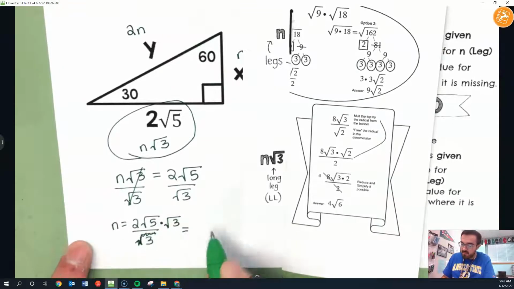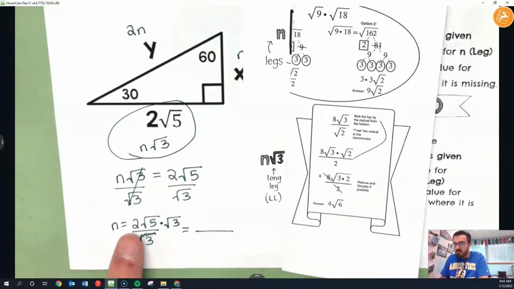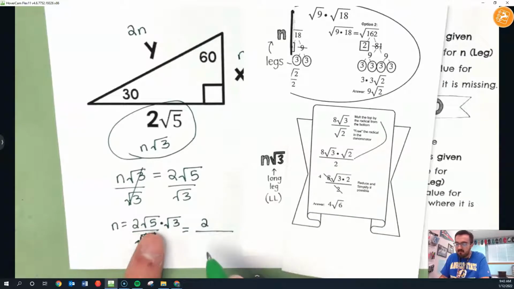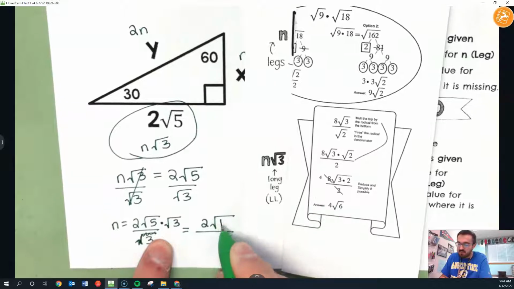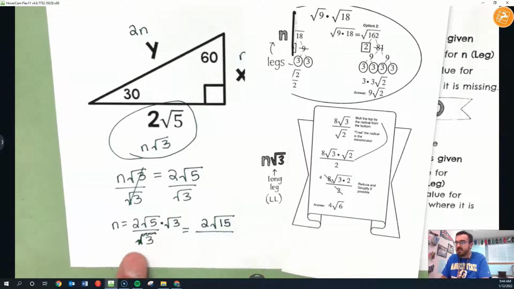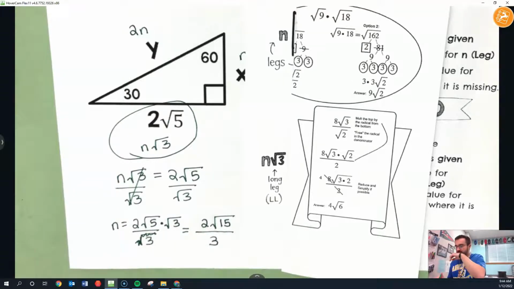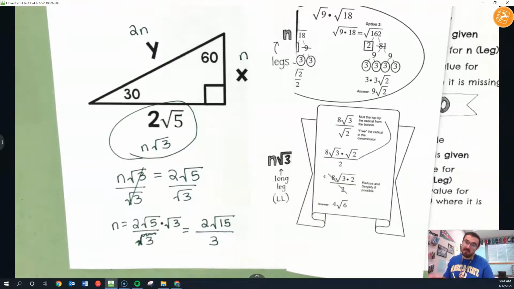So on the top, here's what I would get. 2 just stays there. 5 and 3 are both under the radical, so 5 times 3 is going to be 15. And then the 3 has been freed from the radical. So instead of a square root of 3, I'm just going to have 3. Okay. If you're struggling with that, maybe try rewatching the 7.1 video.